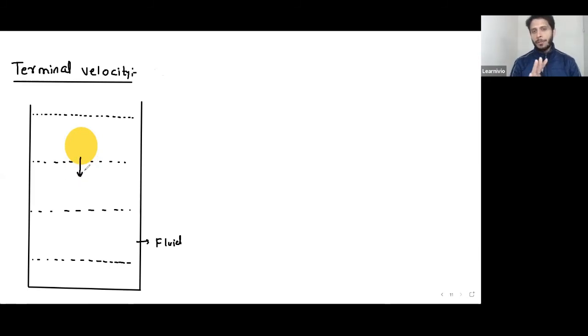First of all, I'm telling what is terminal velocity, and then I will explain why this body achieves a terminal velocity. When you drop the body inside the fluid, the initial velocity of the body is zero. Now, as this body keeps on falling, its velocity keeps on increasing. Its velocity will become 10 meters per second, then 20 meters per second.